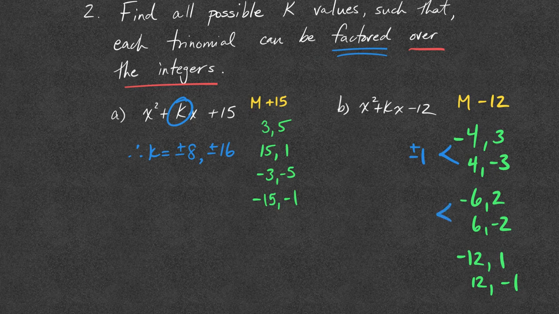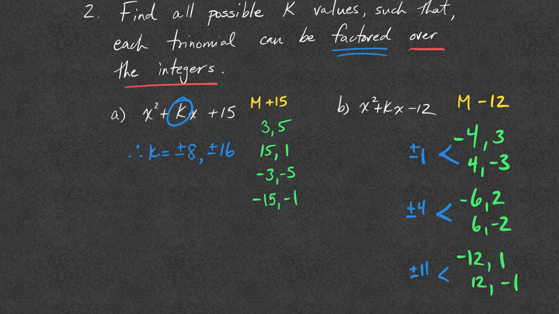Okay, go pretty quick through the other one. Well, 6 and 2, they are 4 apart. So that could either be a positive 4 or a negative 4. 12 and 1 are 11 apart. So that's either going to give me a positive 11 or a negative 11.